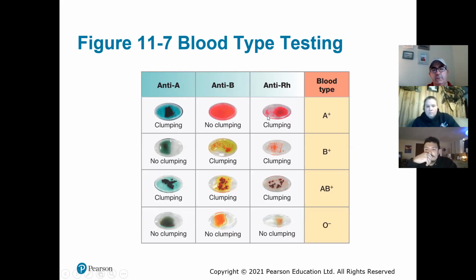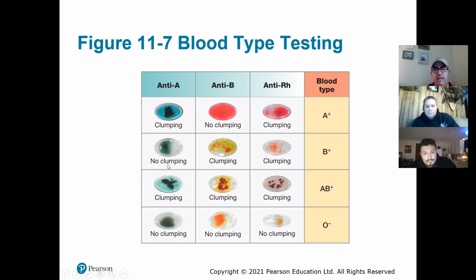You're going to use 3 separate toothpicks, one for the anti-A, one for the anti-B, and one for the anti-RH. And you just have to wait a couple of minutes and see if you see clumping, right? And if you see clumping, that means you're positive for that, whether that's A or B or RH. And if you don't see clumping, that means you're negative for that. And what you can do is infer your blood type from that. So for example, if the A clumps, but the B does not clump, you know you're A, right?